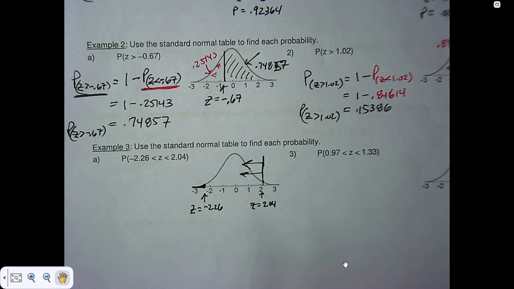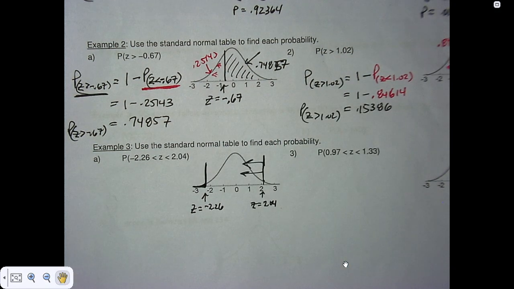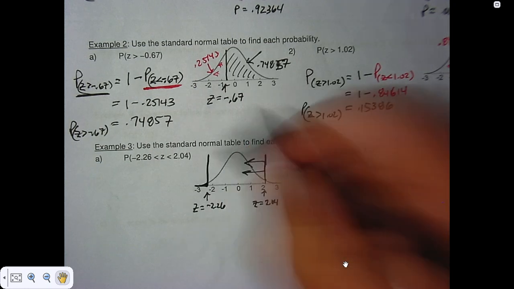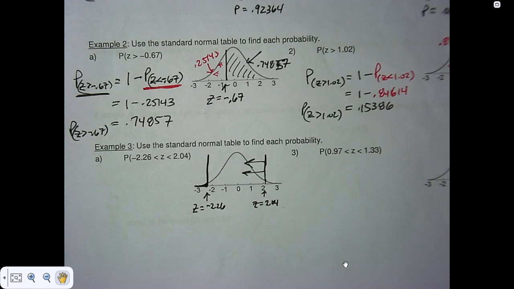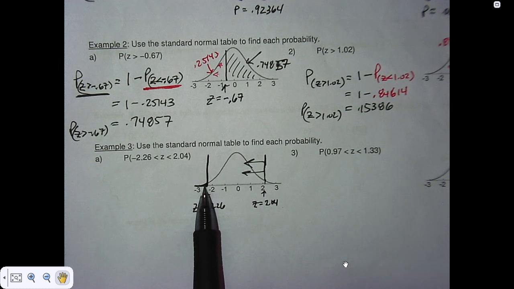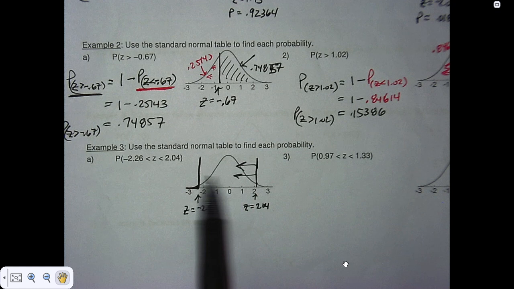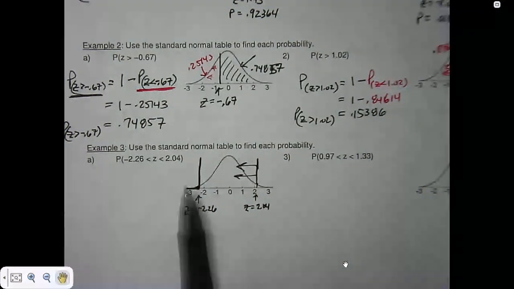So what I want to do is get the area between the two lines that I've drawn. Well, this one will do all of the area and this section. What I want is just this area to the left here, but take this area off.